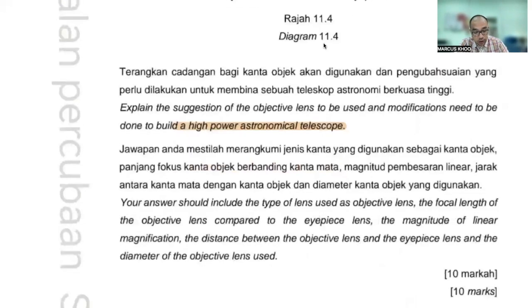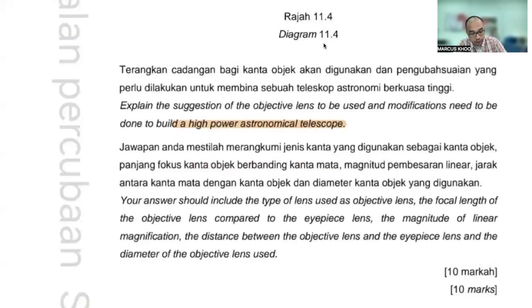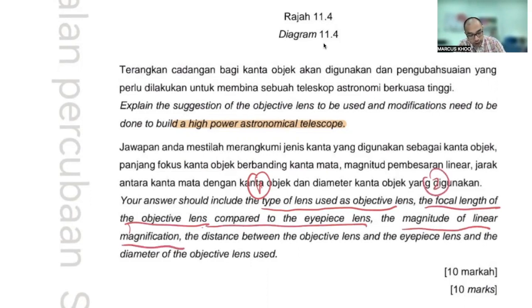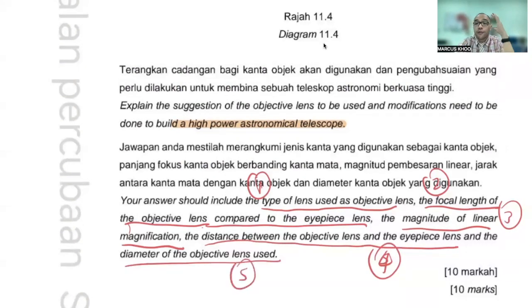Your answer should include: number one, the type of lens; number two, the focal length of the lens compared to the eyepiece lens; number three, the magnitude of linear magnification; number four, the distance between the objective lens and eyepiece lens; and number five, the diameter. So the five features are given, and you don't really have to think about it.